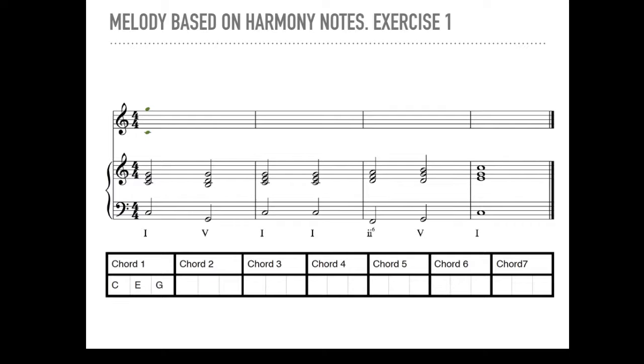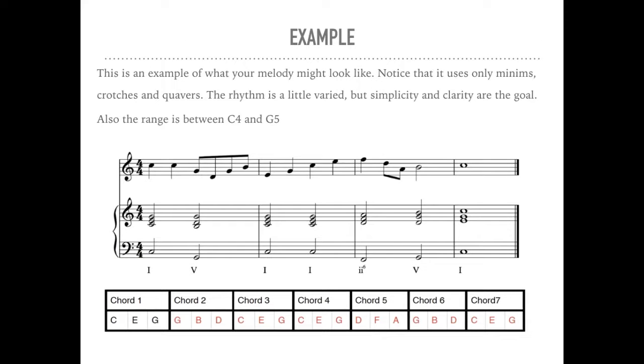Actually, the exercise. In the first exercise, you need to write the melody using only harmony notes. Only harmony notes, like this one. This is what I did. Of course, you can use different notes, but again, remember, this is a harmony.